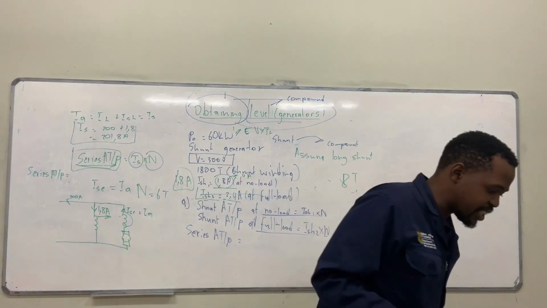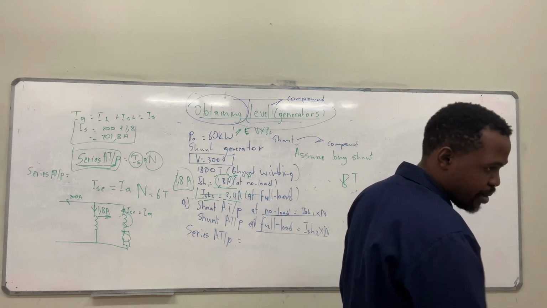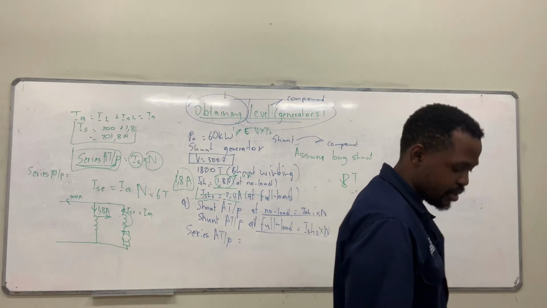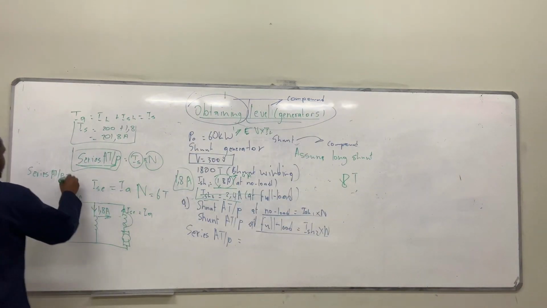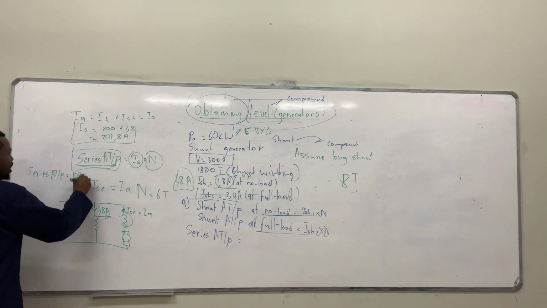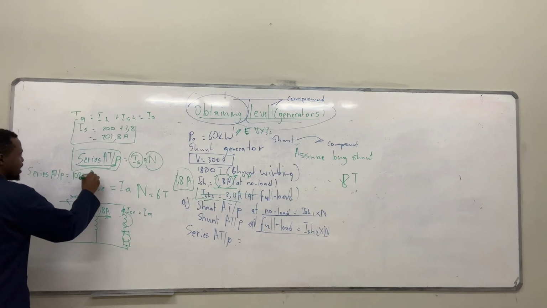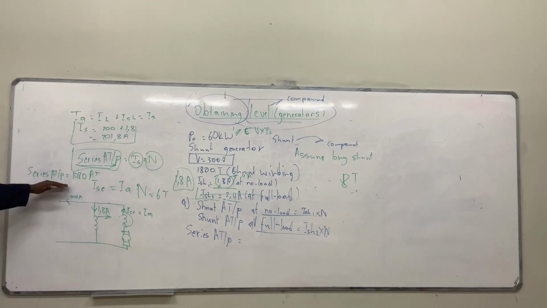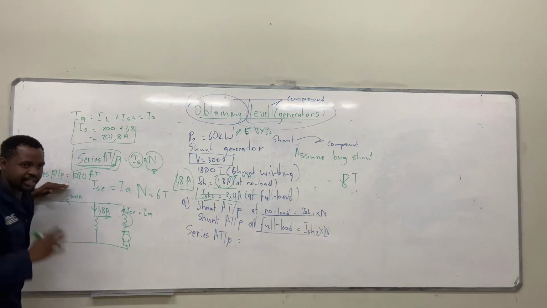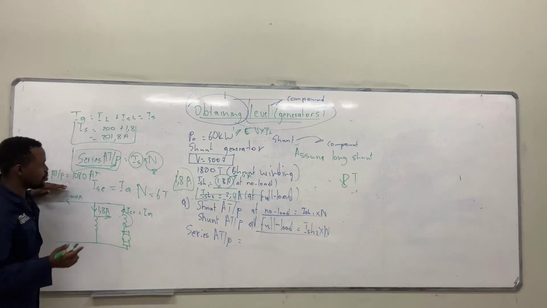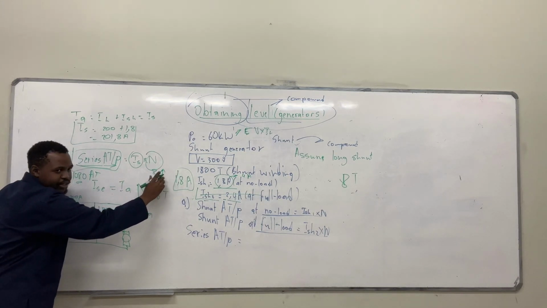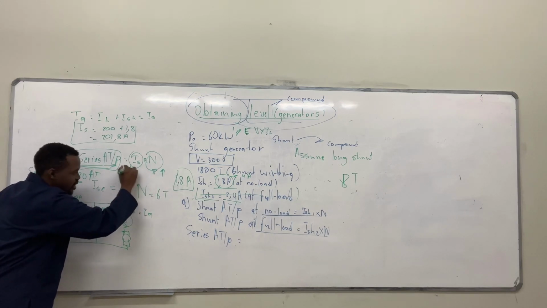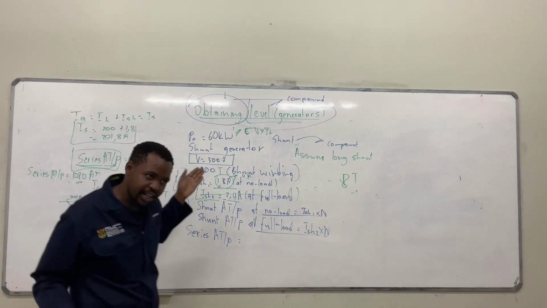It is 1080. You want to make sure they stay at this value of 1080, but your turns are now 8. So basically, to maintain this value, if the number of turns has increased, I decrease the current.